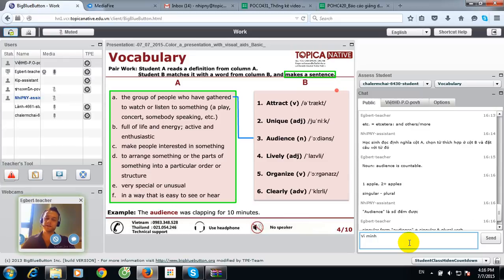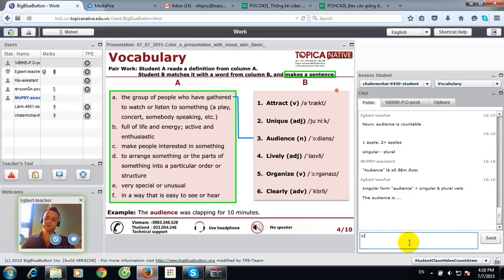So you can say the audience is or the audience are. Do you understand why we can use both, students? Yes. Yes.